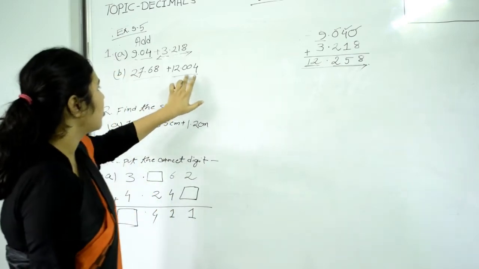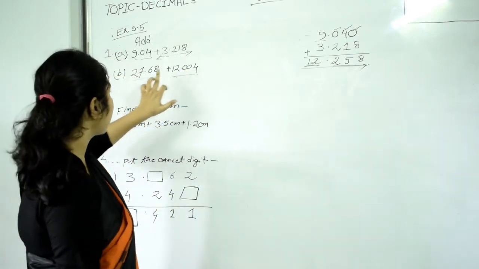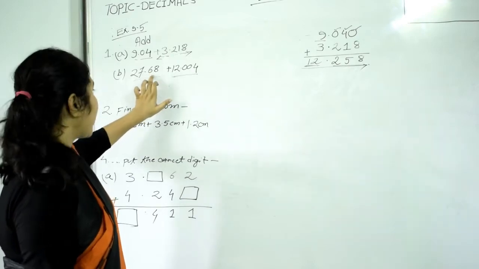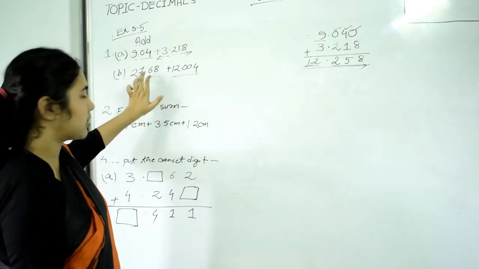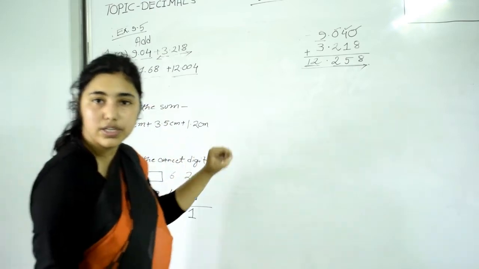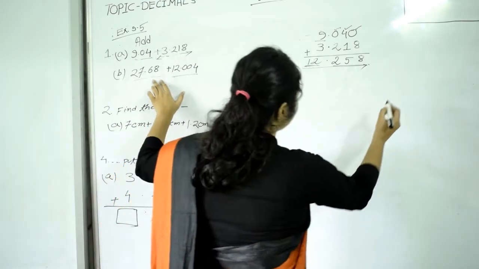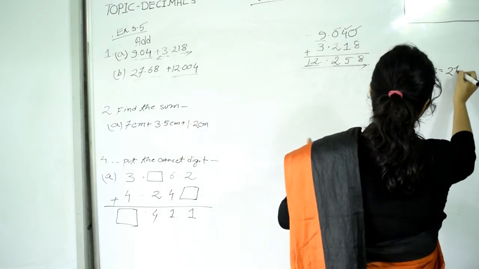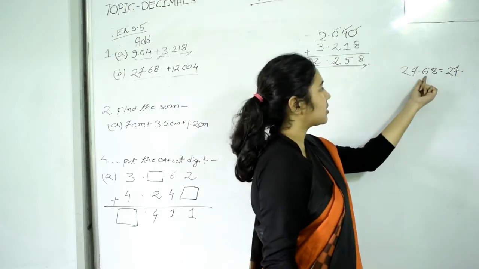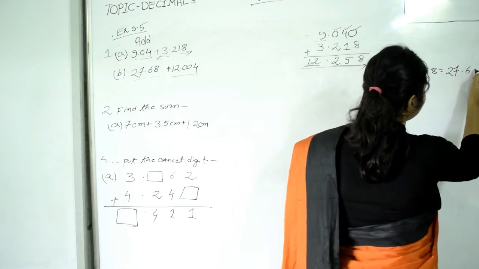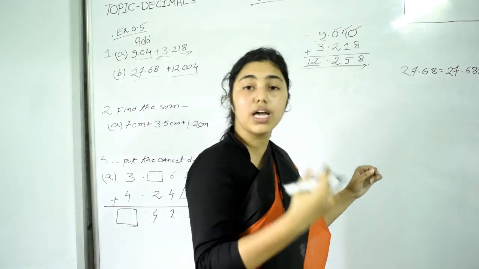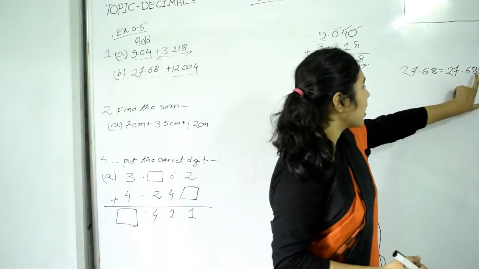Next, consider these two numbers. Here also we have 3 decimal places, but in this number we have 2 decimal places. So first convert this decimal number into 3 decimal places. So 27.68. Write it as 27.68. Take 1 zero after the last digit, which is 8.